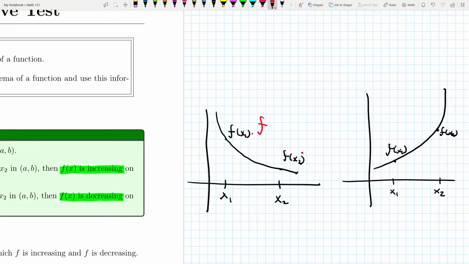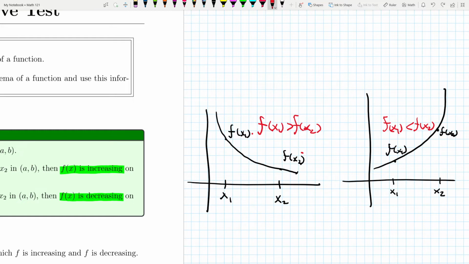Let's write it as an inequality. And over here, f of x1 is less than f of x2, because this value is larger in the y direction than the first value.